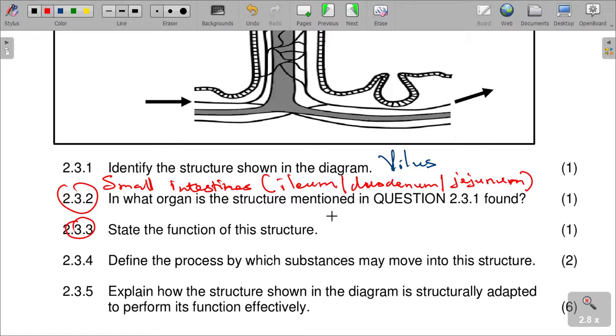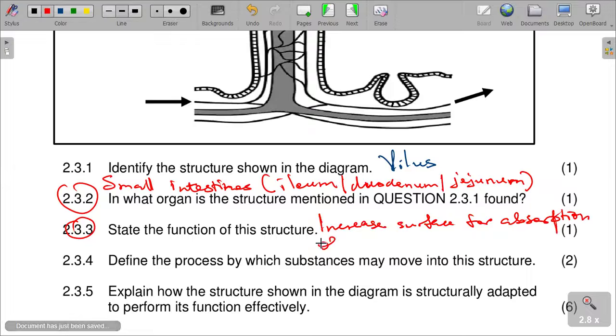It actually increases the surface area for absorption of digested nutrients.